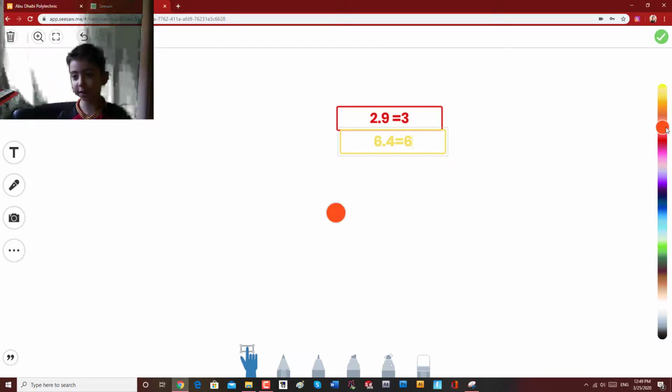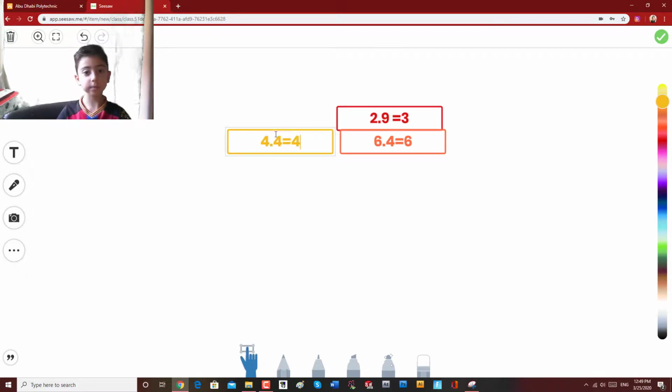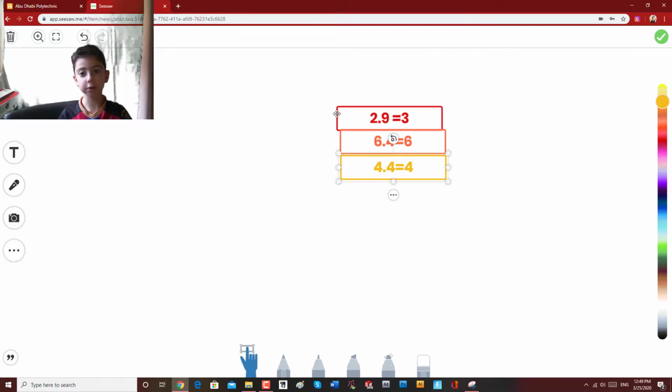So we're gonna make this some kind of rainbow design. If you guys think it's gonna be nice, please share me your feedback. 4.4. We don't need to click shift. Equals 4. So we're going to be moving them down here just to make it look better.